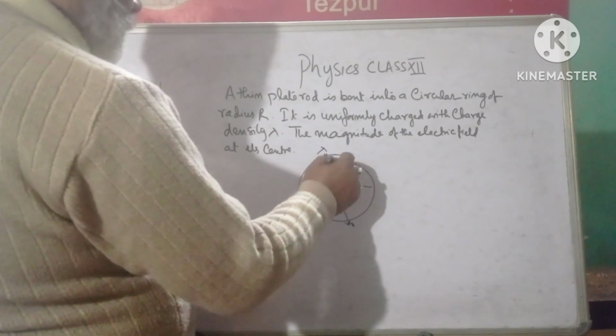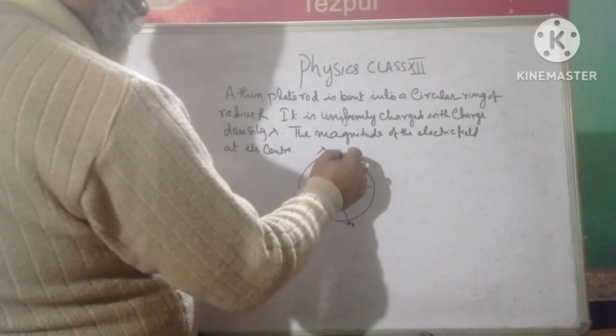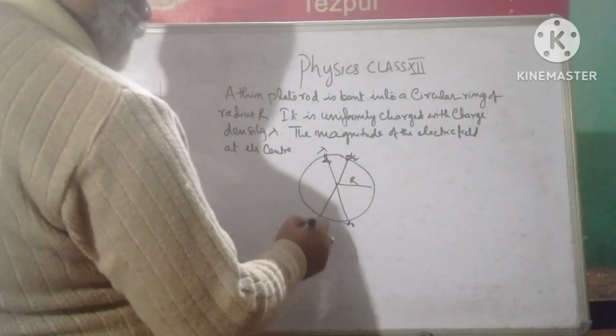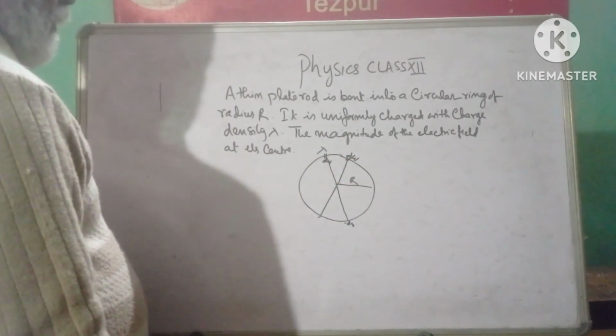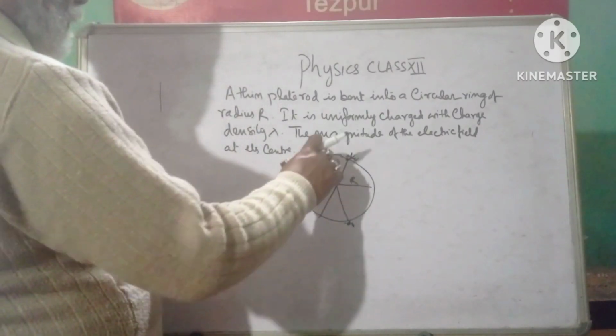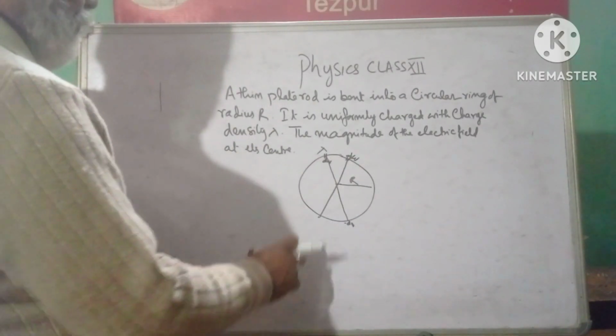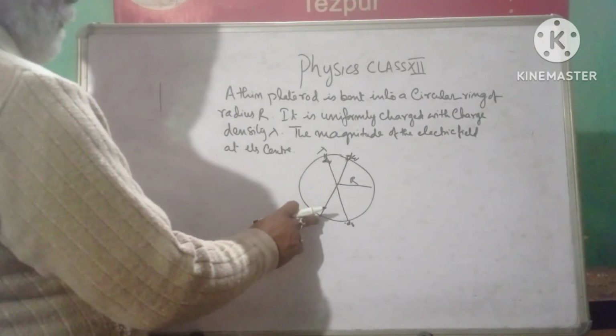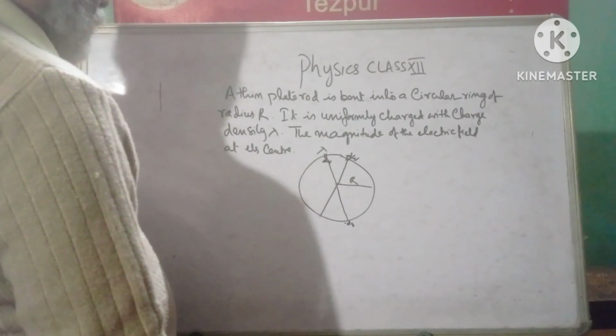For any small element dq, an equal charge element dq will be present on the opposite side of the ring.